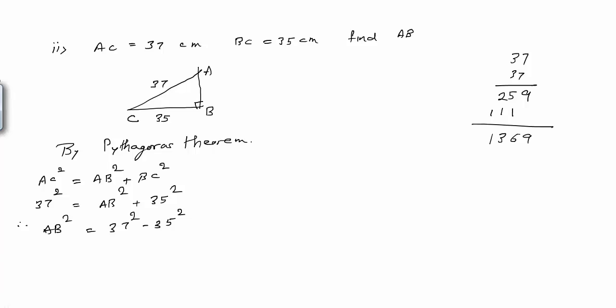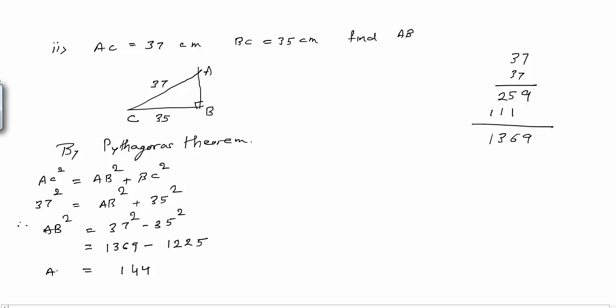So this 37 square is 1369 minus, now this 35 square, so 3 into 4 is 12, I will multiply by 100 plus 25, so 1225 is the answer. Now 9 minus 5 is 4, 6 minus 2 is 4, 3 minus 2 is 1, and 1 minus 1 is 0.